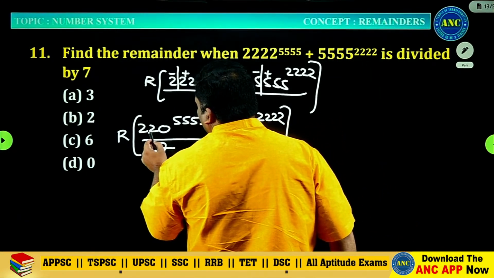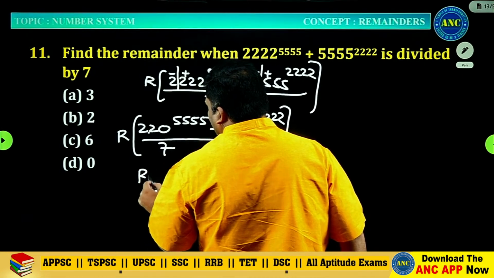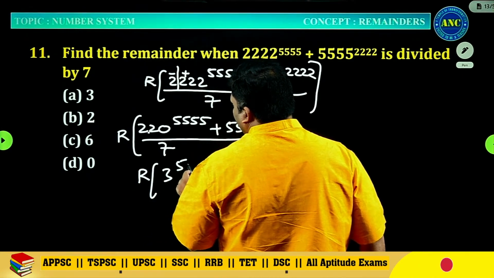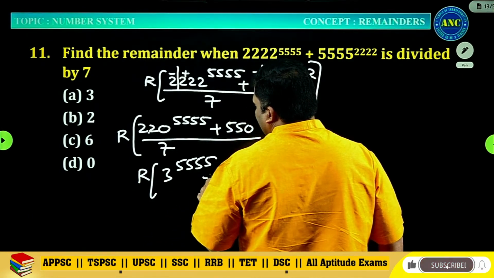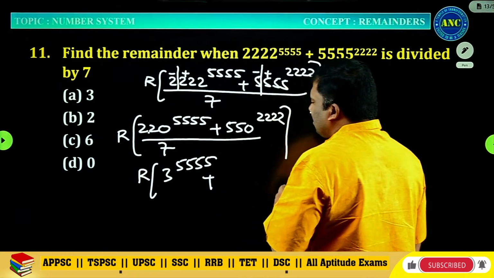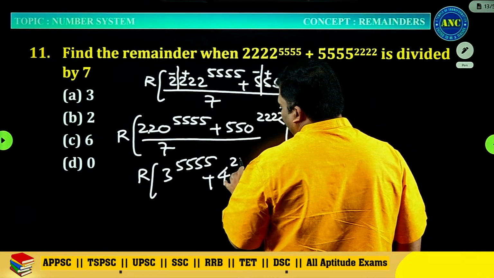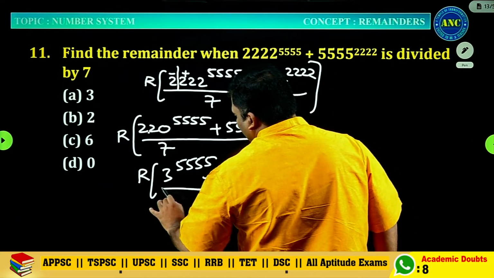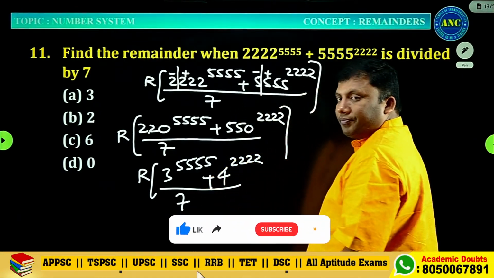7 3s are 21, 10, 7 1s are 7, 3. So 3 power 5555. 7 7s are 49, 60, 7 8s are 56, 4. So 4 power 22222, divided by 7.